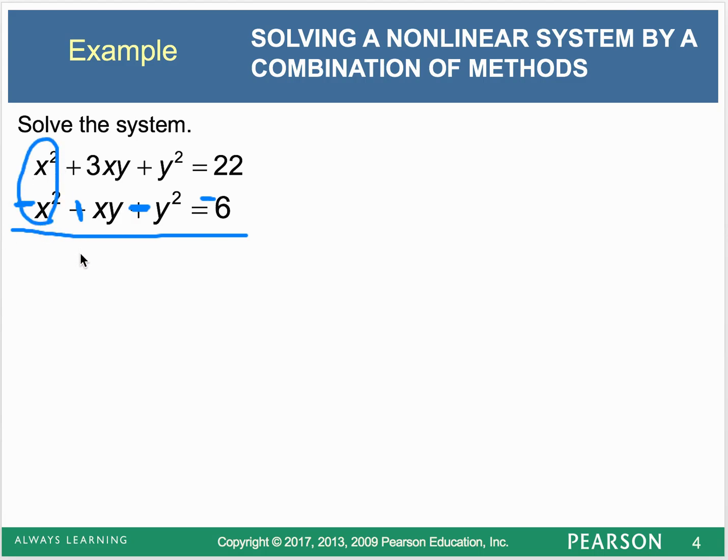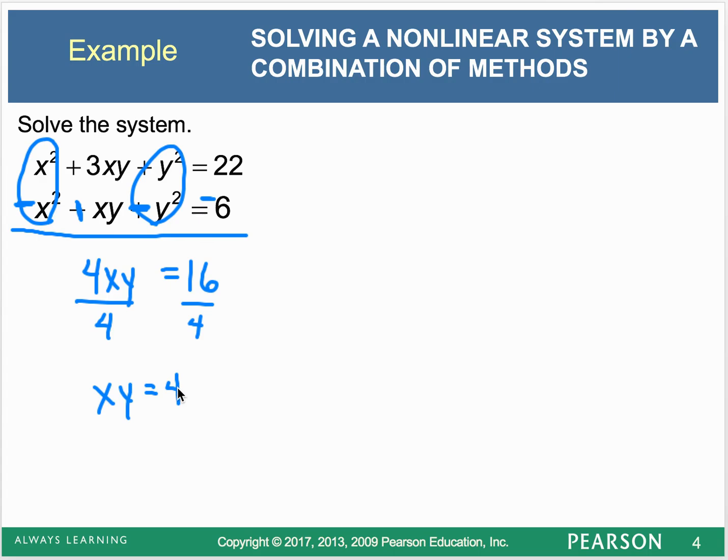So this is gone. Then I have 3xy's plus 1xy, so 4xy. And then this is gone, equals 22 minus 6, 16. Let's divide by 4. So I have xy equals 4, but I don't care what xy is.